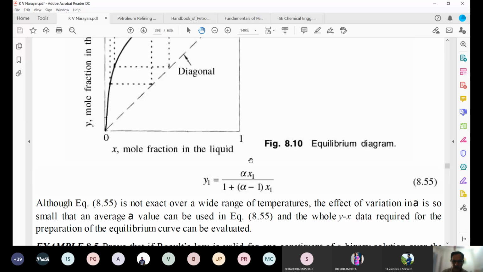Then you can select x1 between 0 and 1, 0, 0.1, 0.2, 0.3, 0.4, 0.5, whatever, and calculate y1. That will give you another yx curve. One yx curve we calculated earlier from vapor pressures P1s and P2s, and this one from relative volatility. So you can do it at home. We will not do it in the class.